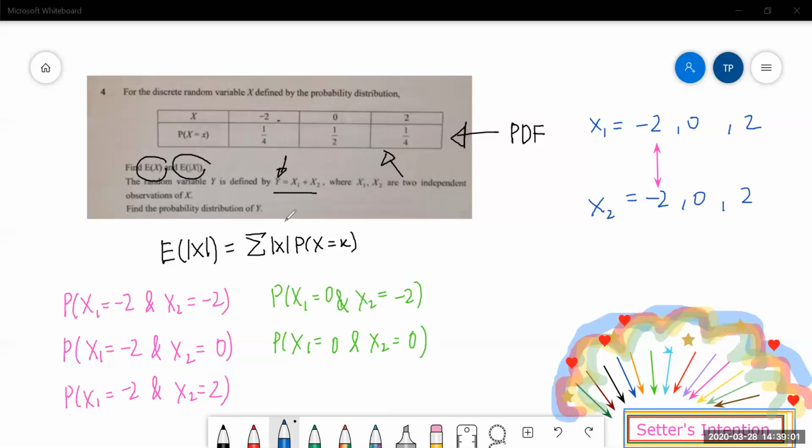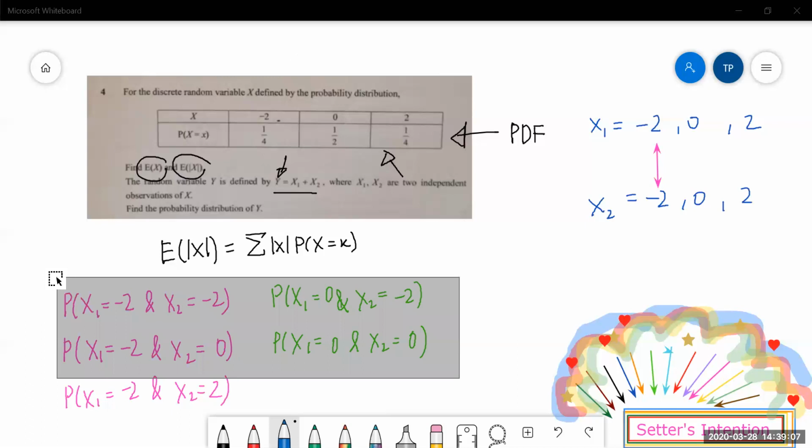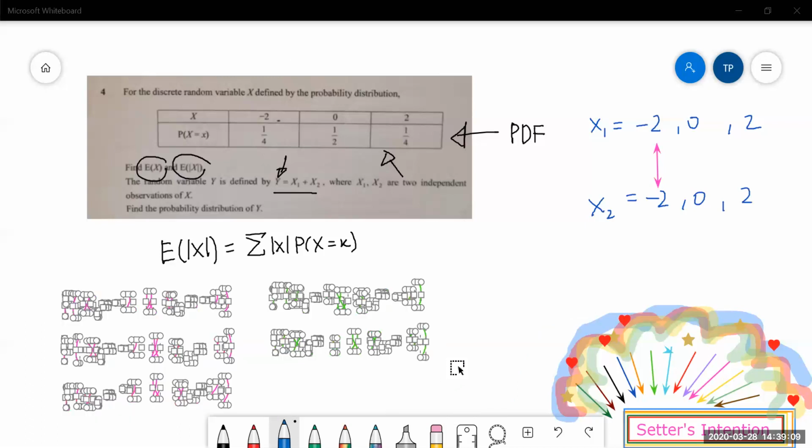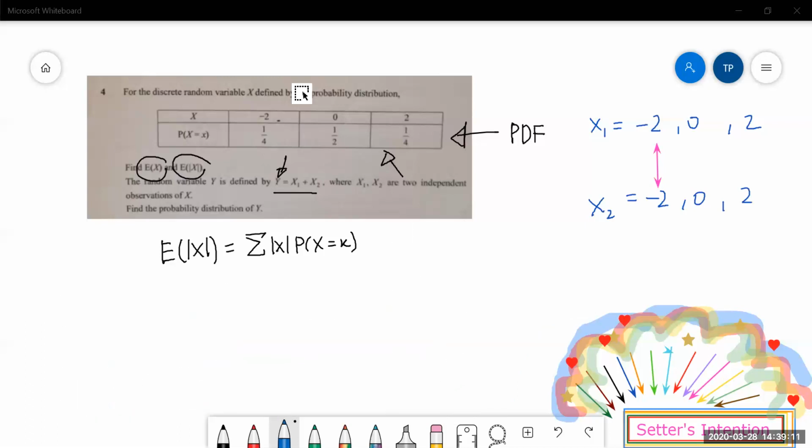Well, actually, the best is to draw a table. I just realized.